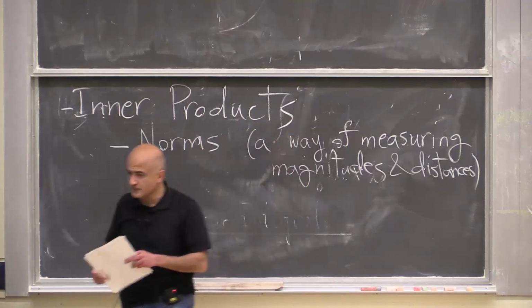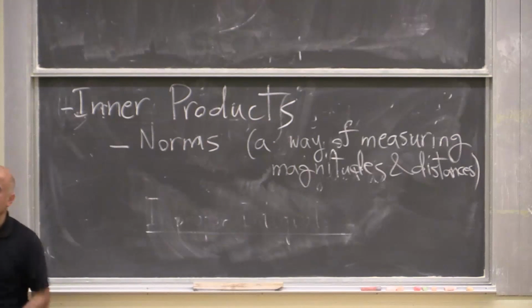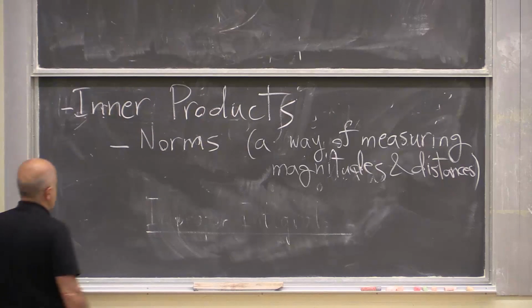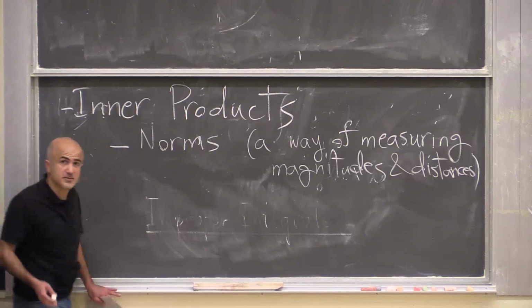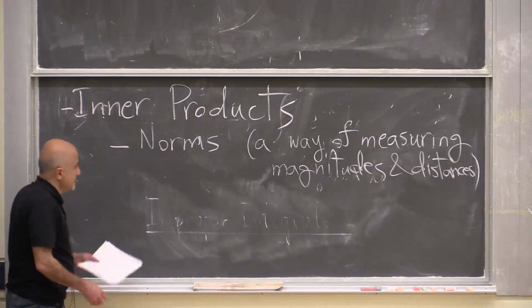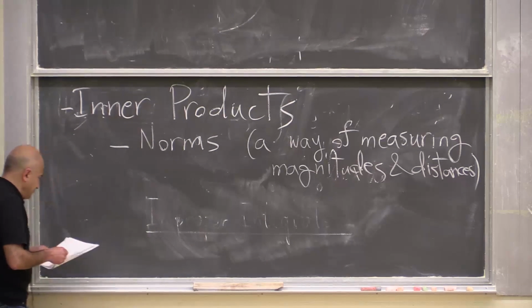So remember I said that with inner product, we are entering a phase in our discussion of vector spaces where we introduce geometry into the picture. So this is where that happens.